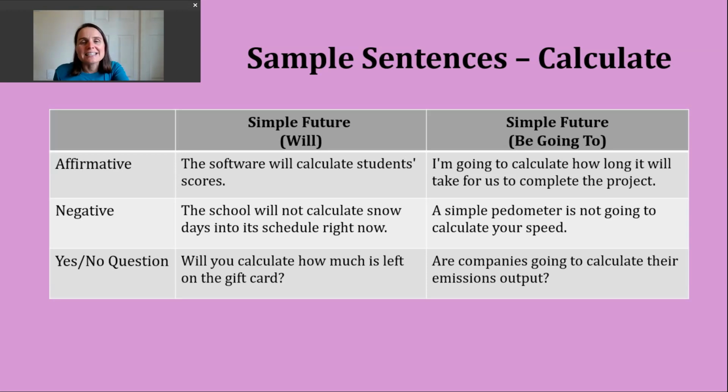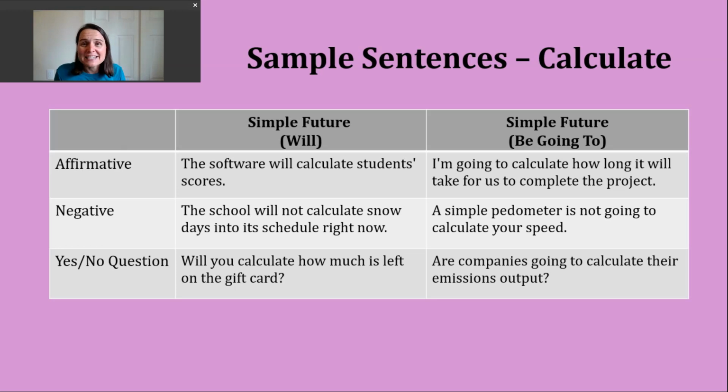And if our subject is he, she, or it, we'll use is. Okay, so the present form of be is our first part, and then we're going to use going, to, and the base verb. Those parts will stay the same, that ending. It's just the form of be that's going to change.